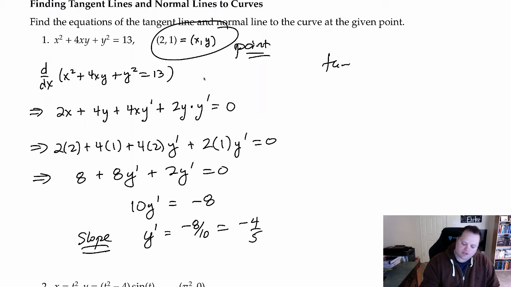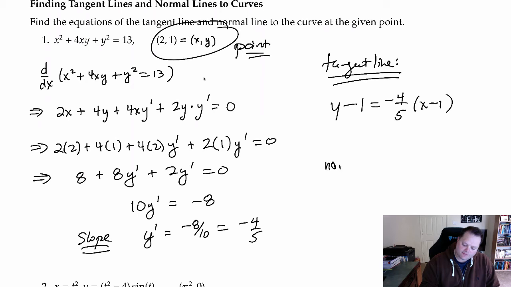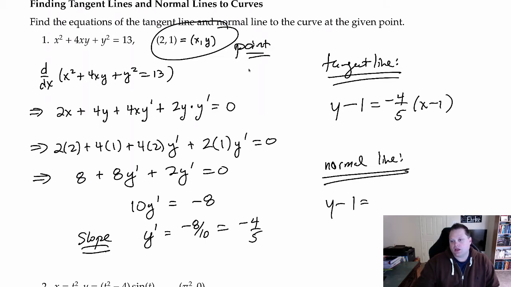So when it comes time to look at the tangent line, it is y minus, the y value here is 1, equals the slope times x minus 1. And the normal line, if you recall, is the line that's perpendicular to the tangent line. So it would be y minus 1 equal to the perpendicular slope.